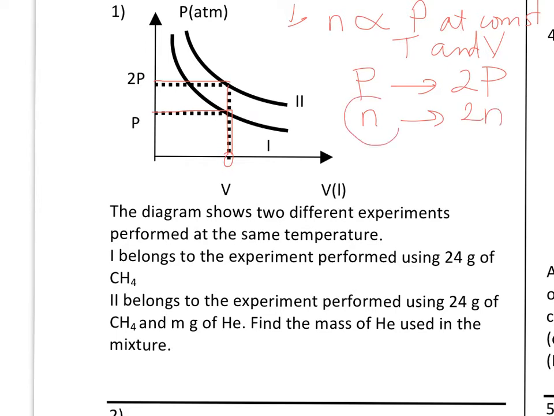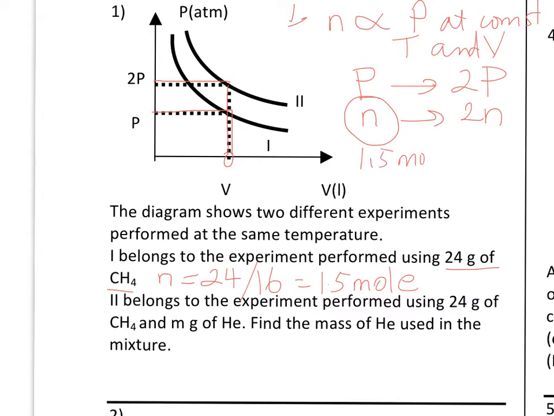What was the initial number of moles in the container? Let's find it out. The initial number of moles was 24 grams of methane, so it is 24 grams over the molar mass of methane, which is 16, giving us 1.5 mole of methane gas initially in the container.